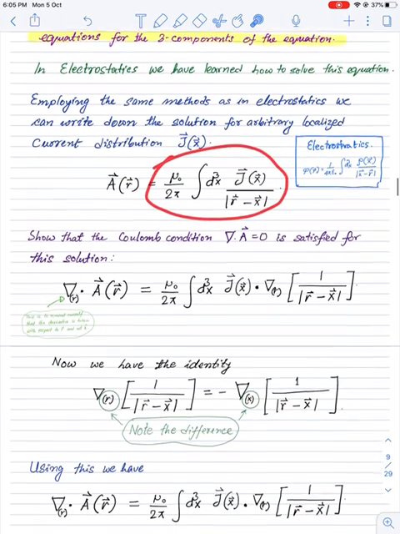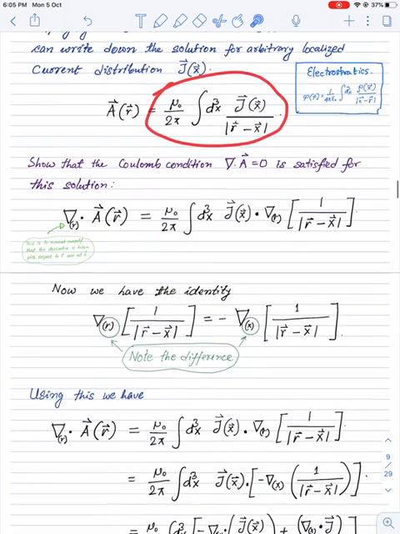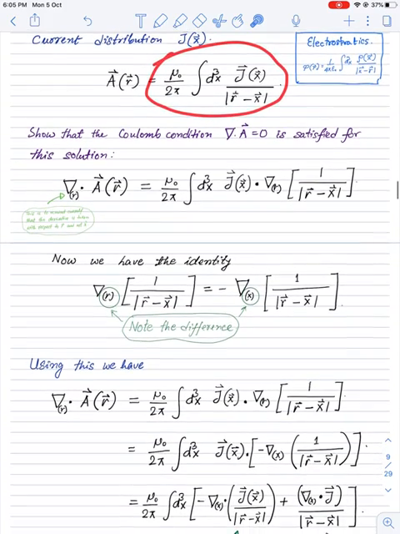So we have to check whether or not this solution that we have written down satisfies the Coulomb gauge condition. In order to do that, here is a very simple trick. In order to see the Coulomb gauge condition, we have to take the divergence of A and see whether or not it vanishes, right? But the argument of A is this r vector, and this x coordinate is the argument of the source, and that is integrated over, as is usual in electrostatics as well.